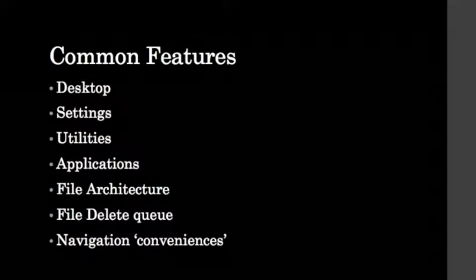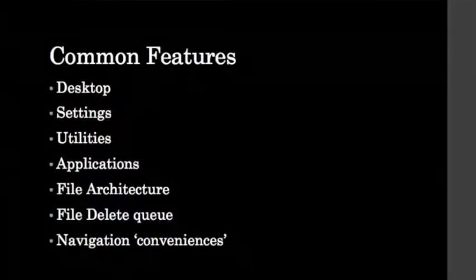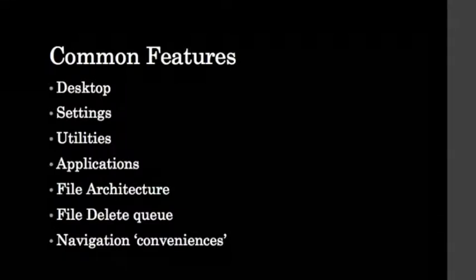It's important to know navigation conveniences, whether they be hotkeys, the go button, your Windows key, or shortcuts on the desktop. It's important to know all of them because you never know which one is going to be most functional and favored by a client.